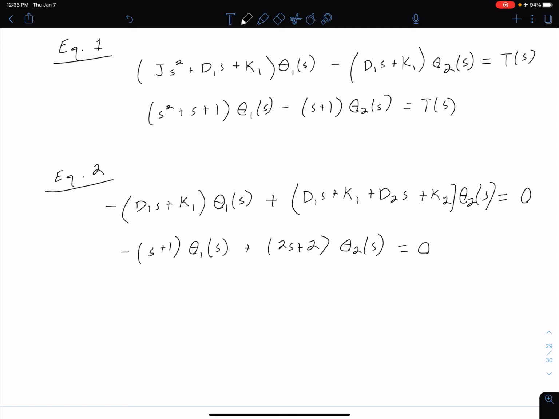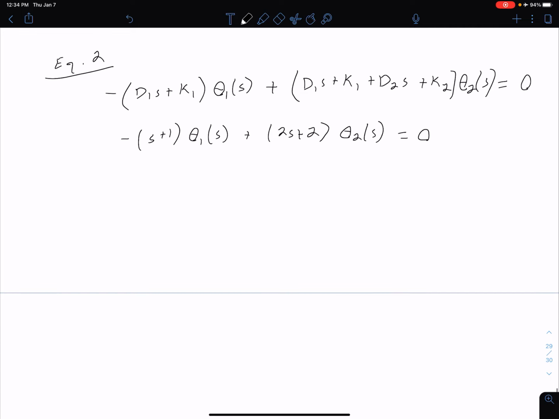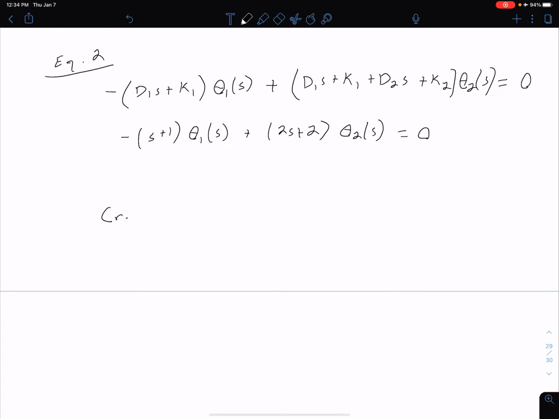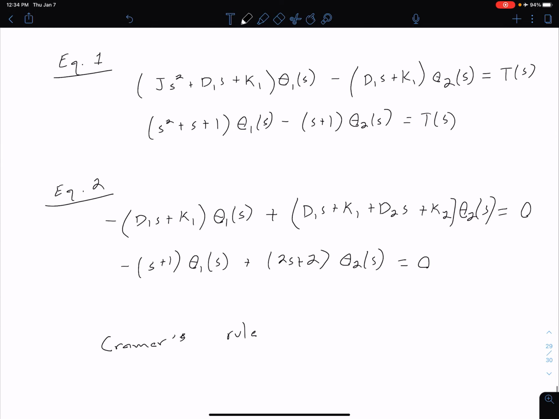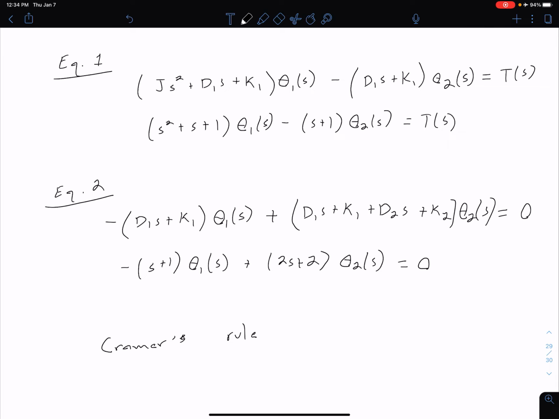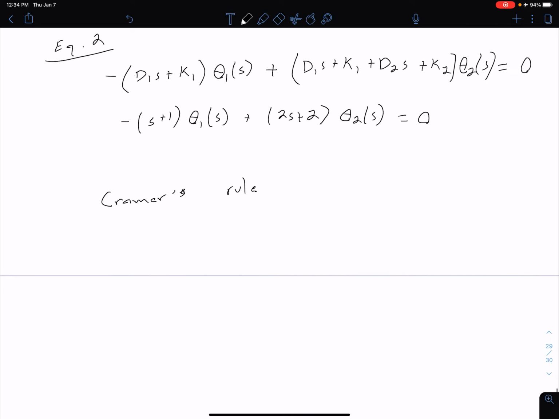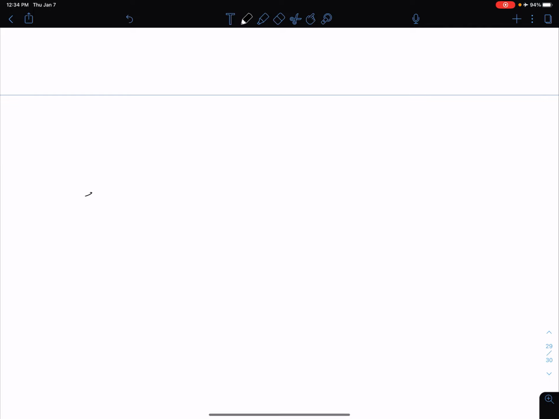So at this point we have 2 equations, 2 unknowns, because remember s is just a variable. What we can do is use Cramer's rule to solve this because it's a relatively simple one. We looked at Cramer's rule with our translational mechanical videos, so I'm not going to go into the process in as much detail, but essentially we create a coefficient matrix and a constant matrix to solve for our theta 2.